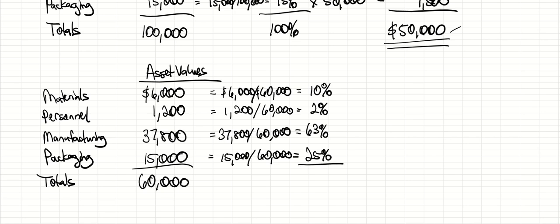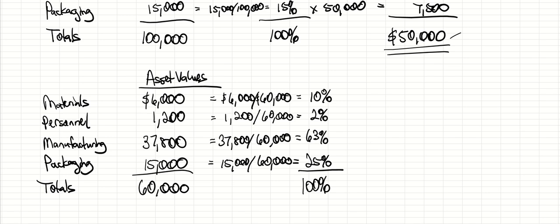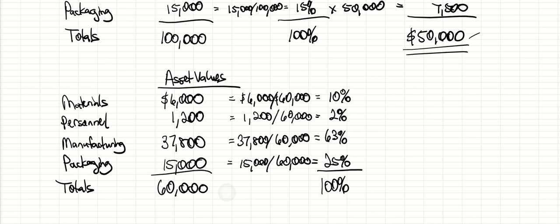So we do the math: 10, 2, 63, 25. That's 100%. So we did include all 100% as an allocation here of the total costs of the insurance.